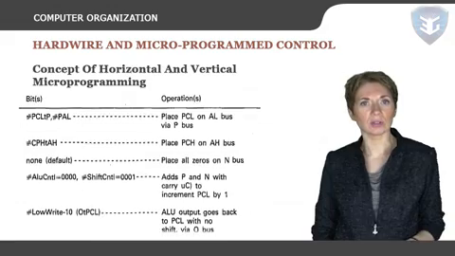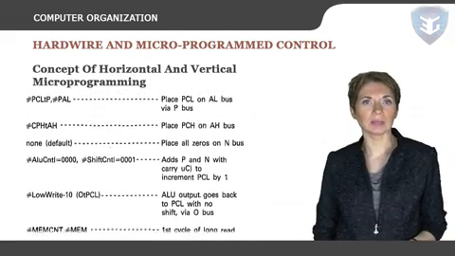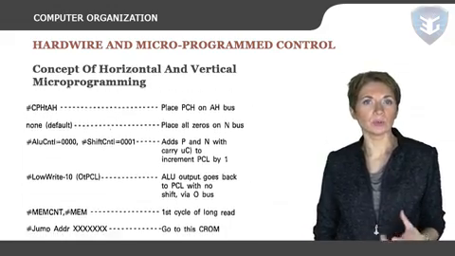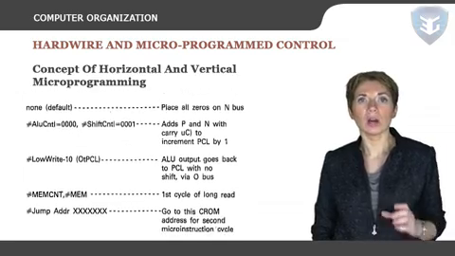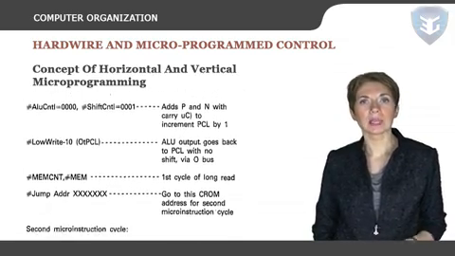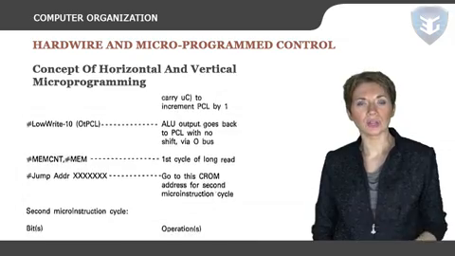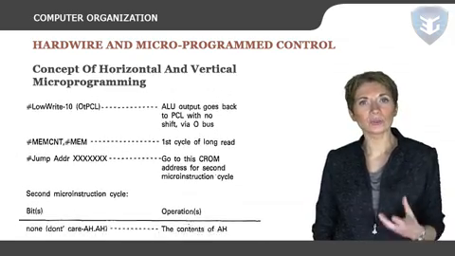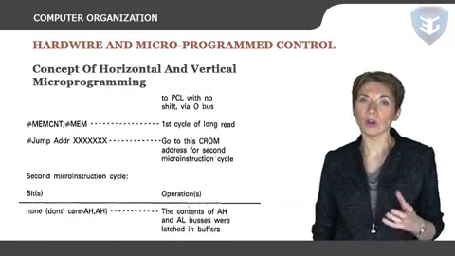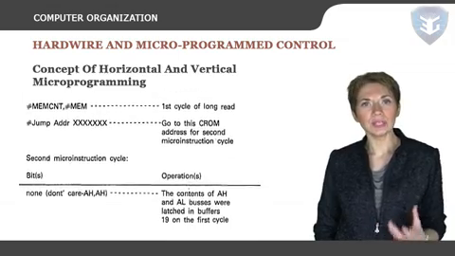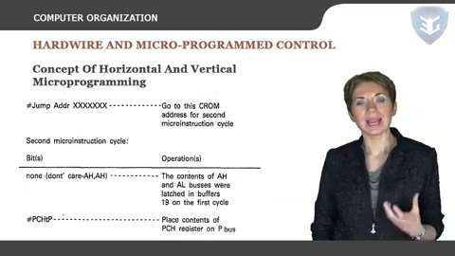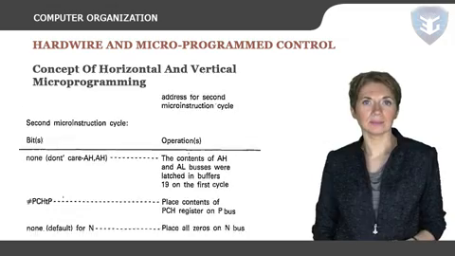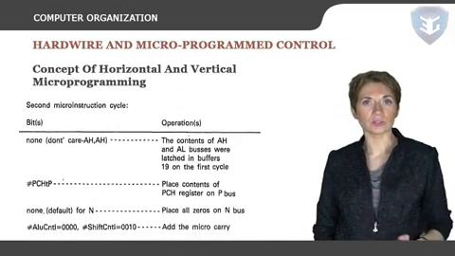Concept of horizontal and vertical microprogramming. Horizontal microprogramming is also called hardware microprogramming. The length of the microinstructions is high, and they control many hardware resources operating in parallel. To each resource of the computer, a field or bit is assigned, by which the resource is controlled.